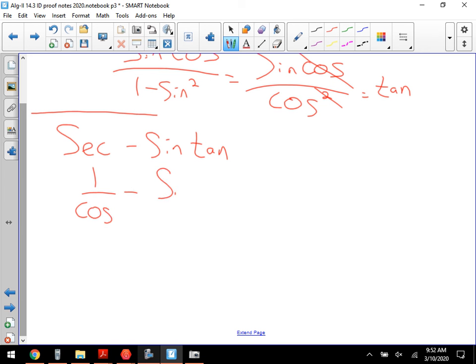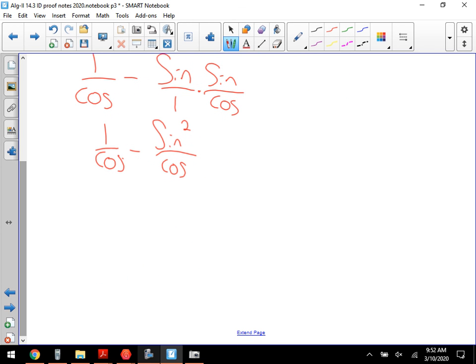This is sine over 1 times sine over cosine. Since I'm multiplying, let's multiply my numerators together and my denominators together with the sine tangent stuff. I wind up then with 1 over cosine minus sine squared over cosine. Huh. Do they have a common denominator? Yeah. So you can combine it all together.